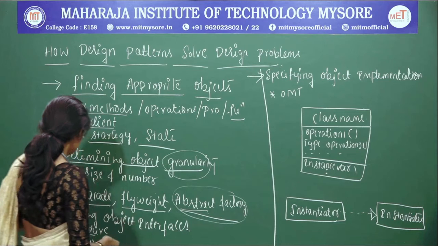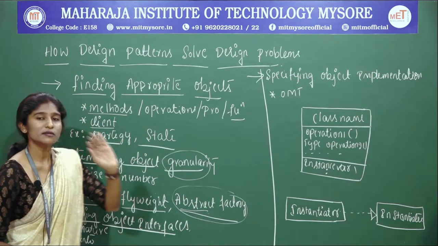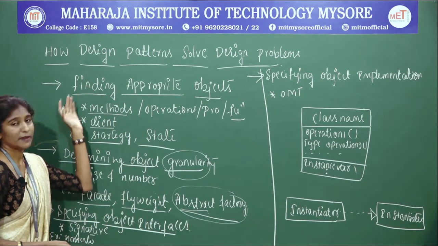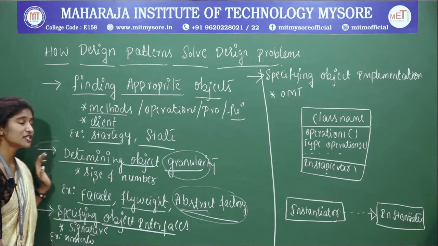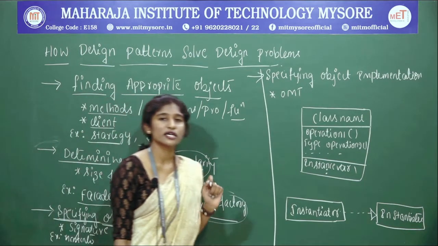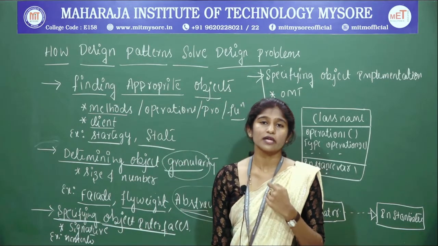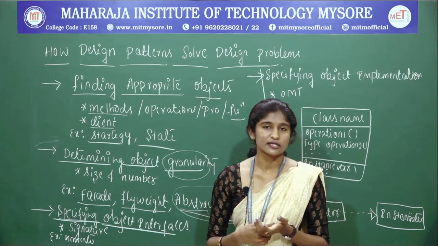Second point done. And coming to specifying object interfaces, the third thing you are going to consider in order to find out the design patterns. In this one, it is going to find out the interfaces that can be achieved, or the number of interfaces that can be available in the design patterns, in programs, in classes, and in objects.